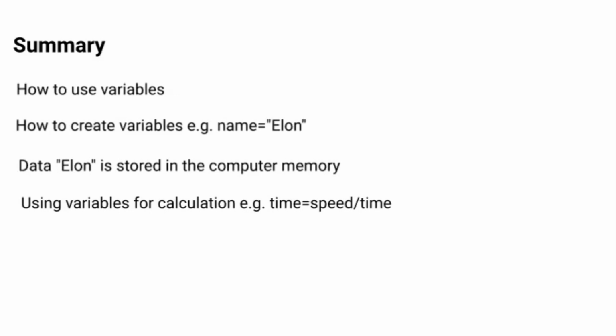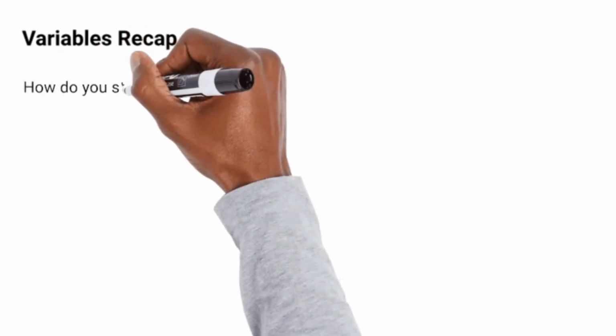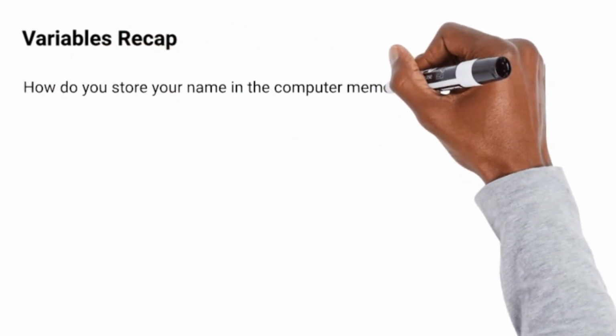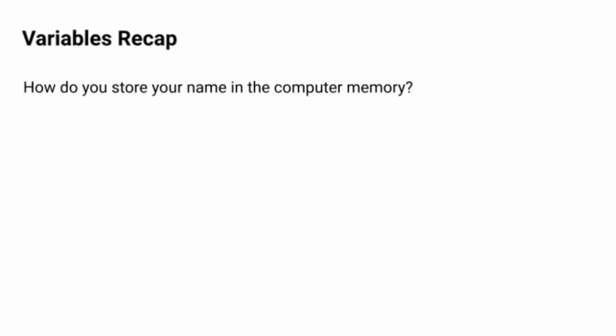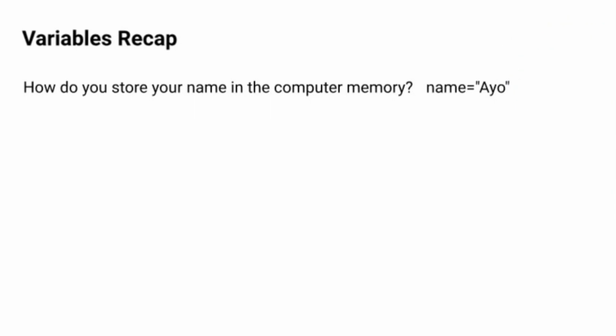But we are going to do something a little bit more advanced for variables. Let's say, for example, you want to store your name in the computer memory. I told you that you are going to use variables. So you can have a variable called name, then you put your name in it, whatever your name is.